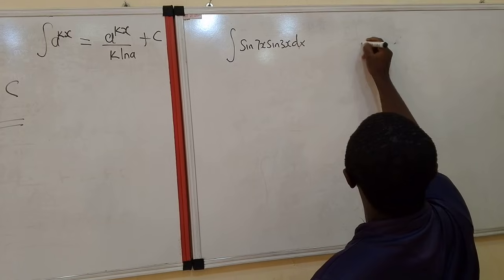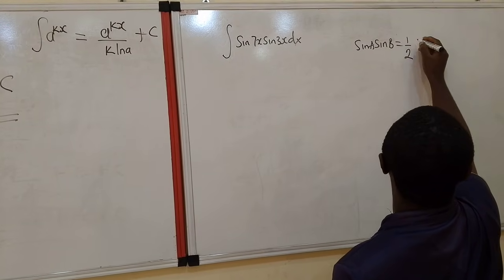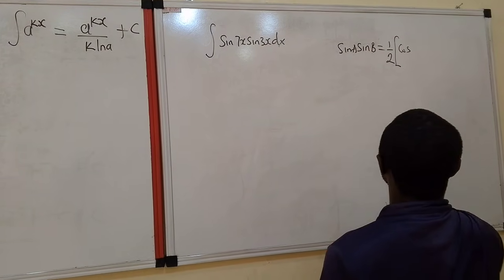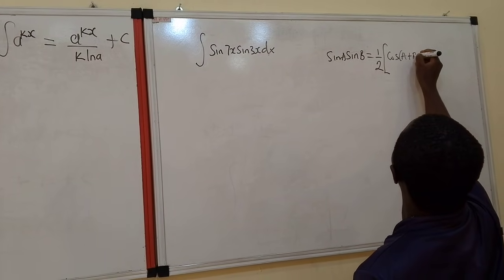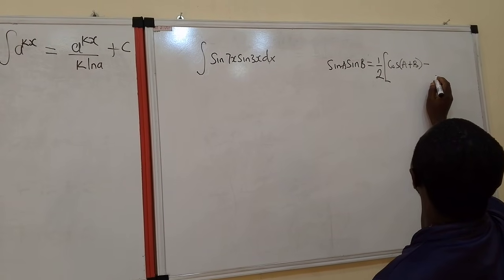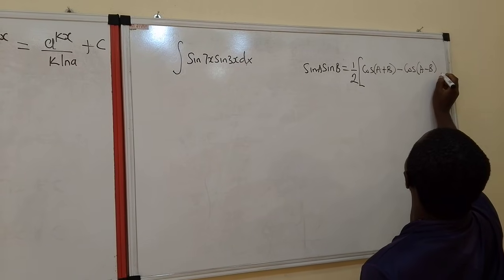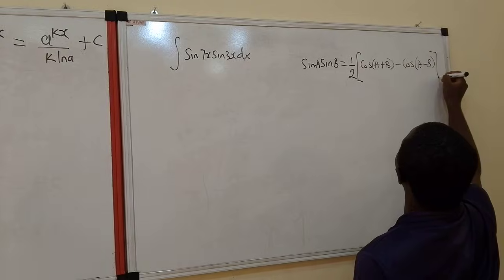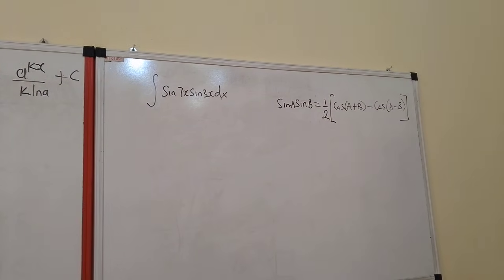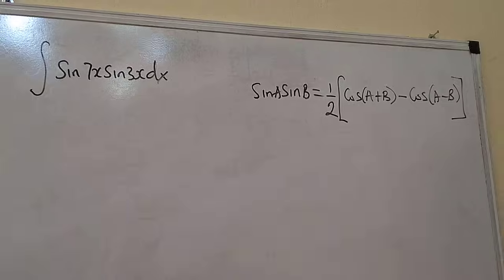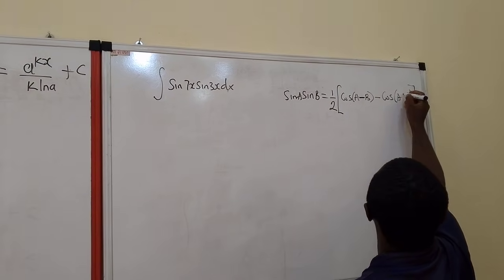You say sine A sine B is equal to 1 over 2 cos... Sorry, this place is minus, while this place is plus.